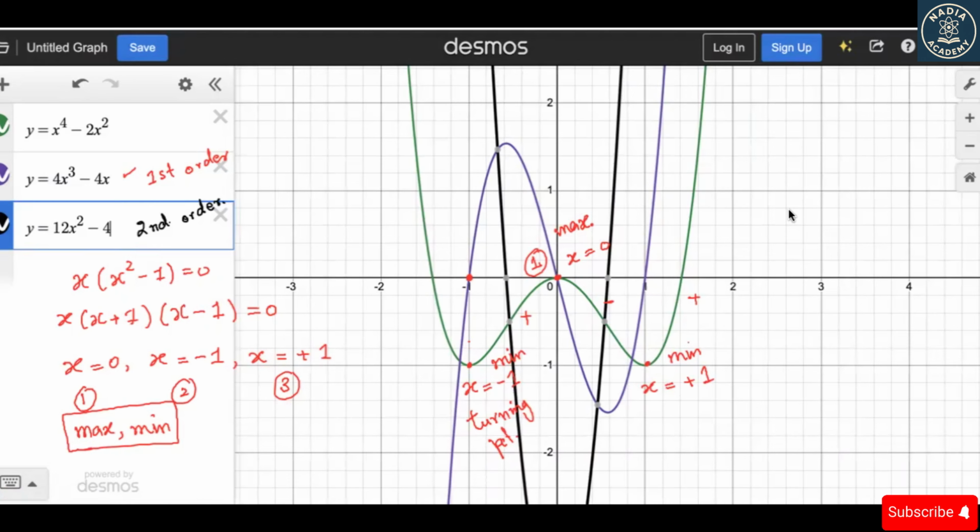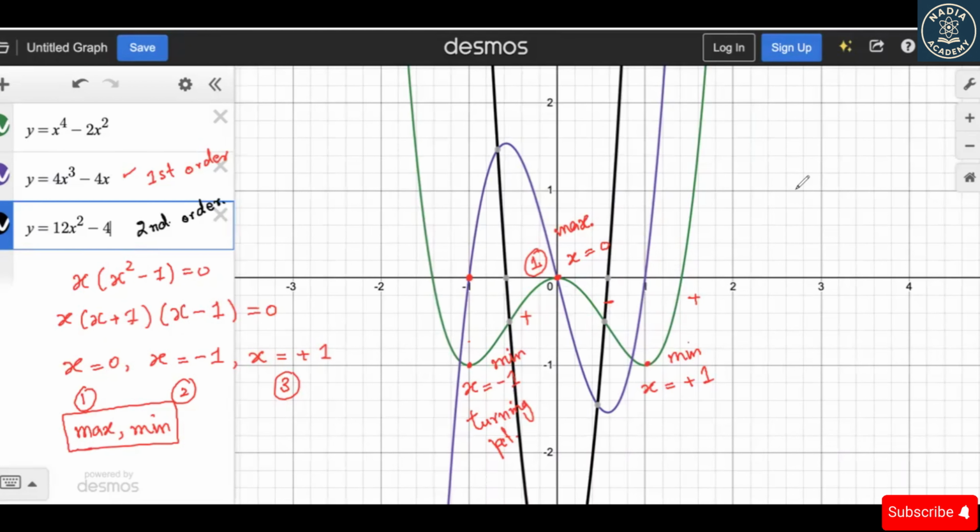Actually, what information can we get here conceptually? What we are saying is that our first order derivative is zero over here, but the second order derivative is negative. What does this mean?